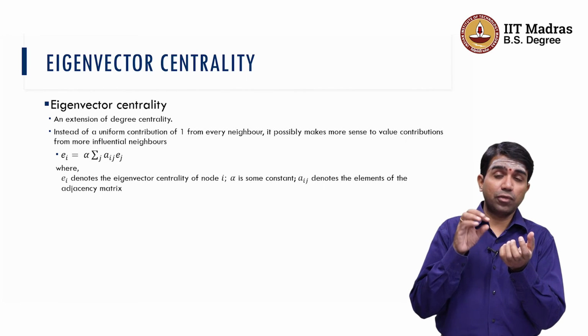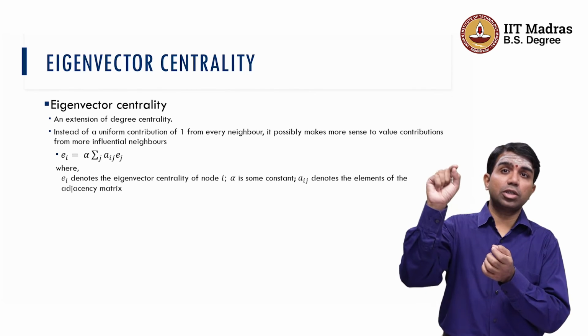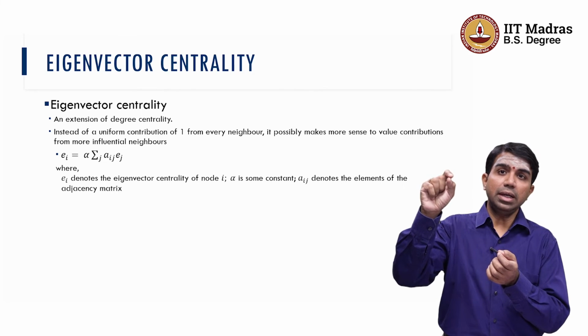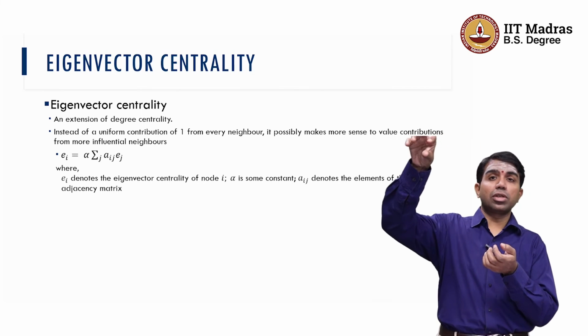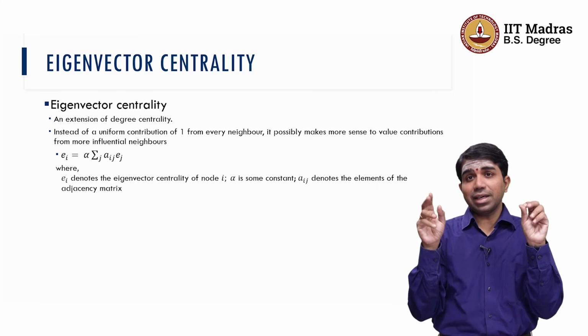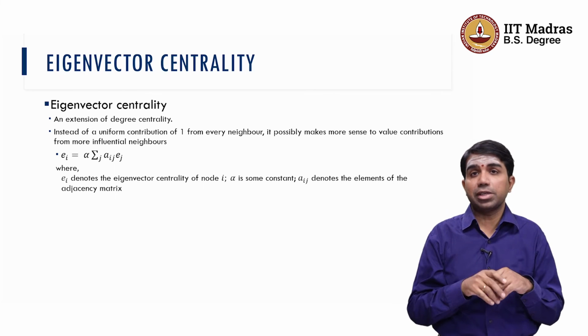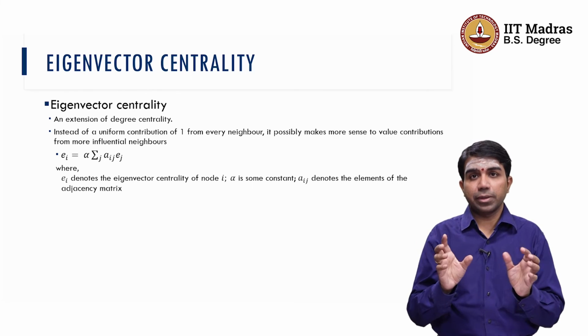For example, if lots of popular web pages point to a particular web page, the probability of reaching that node is going to be higher, because you are likely to find yourself on a popular web page when you are surfing the web.